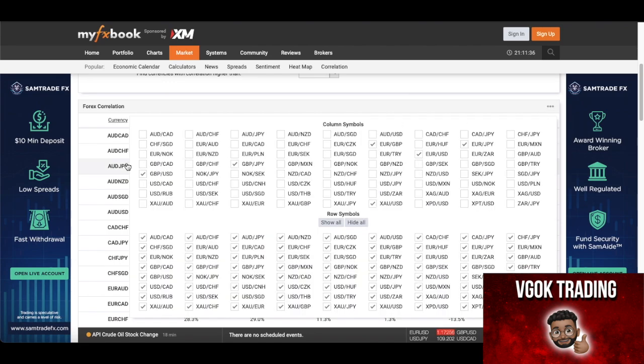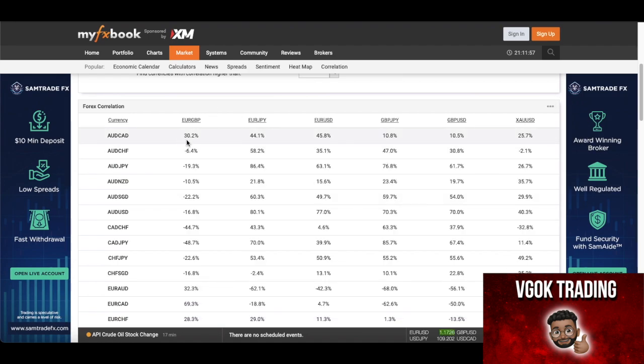So click those little three dots, click the ones that you want to be comparing. Obviously for myself, the main pairs that I like to trade are GU, GJ, EU and EJ, and obviously there's no US30 on here, but you can add in other things like gold as well if you want, and you mark all the other pairs you want to compare them with, and it gives you a percentage of how well they correlate to each other.